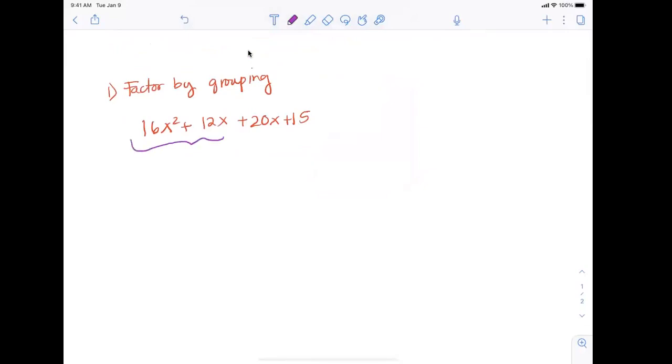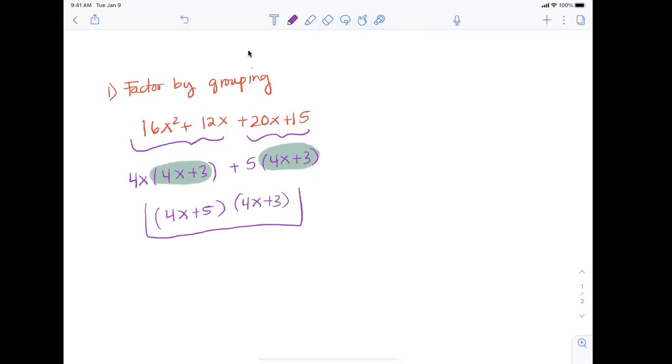You group the first 2, you group the second 2. What does the first 2 have in common? A 4x. What does the second 2 have in common? A plus 5. Notice that these 2 are equal. So you have 4x plus 5 as a factor, and the other factor is 4x plus 3. And this is the solution.